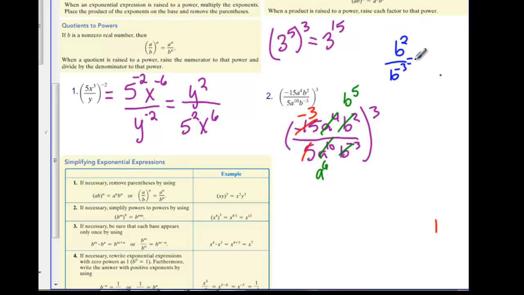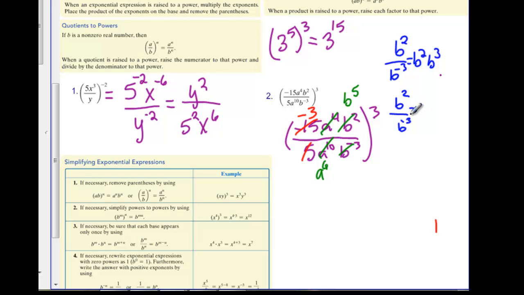So we could have rewritten this as b squared times b cubed, because we take the base and its exponent, so the b to the negative 3 on the bottom, and then we move it on top, it's going to change the sign of the power. So we have b squared times b cubed is b to the 5th.